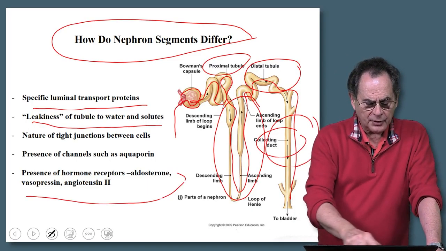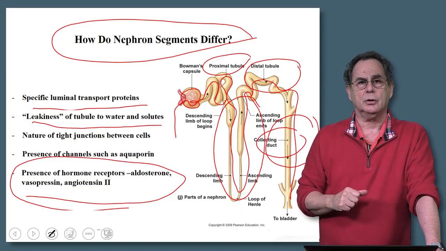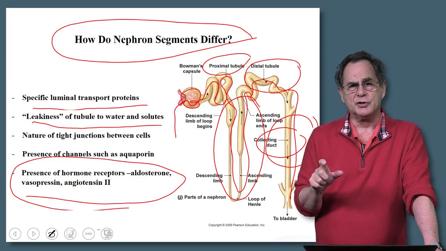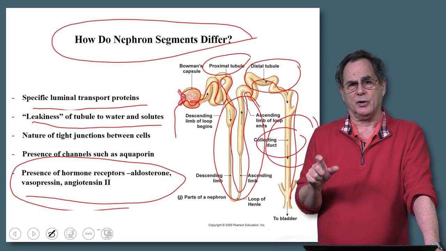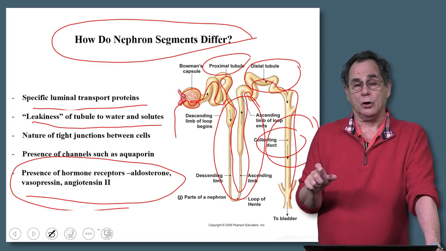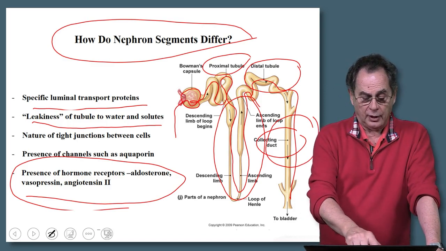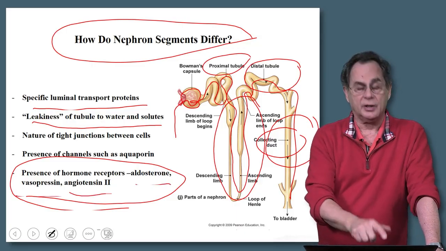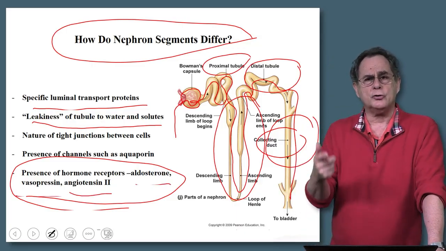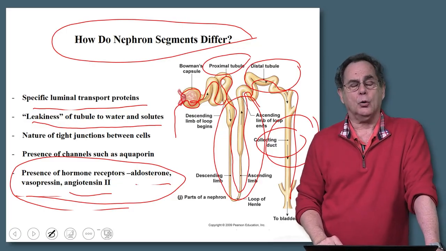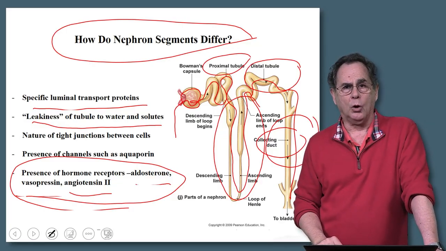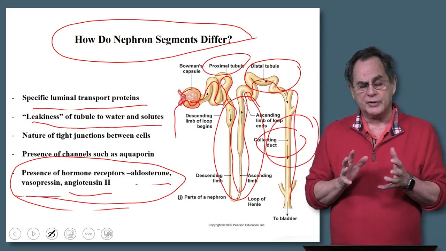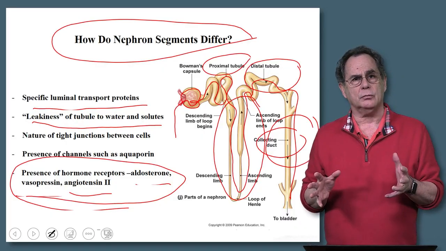And then there's going to be a host of hormones that influence the transport characteristics of these membrane segments, including solutes and water. And those include aldosterone, vasopressin, and angiotensin II. And we're going to return to each of these when we talk about the regulation of sodium and water reabsorption. But these are the ways in which a nephron segment can differ.